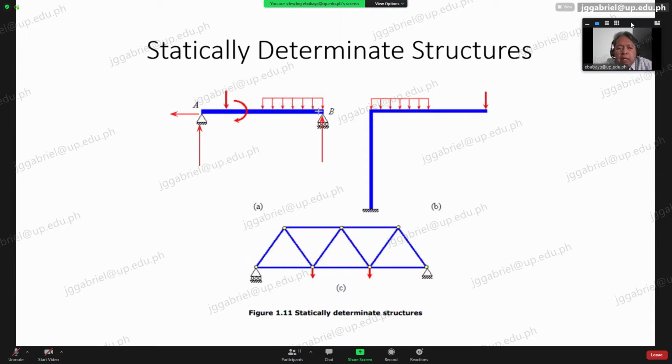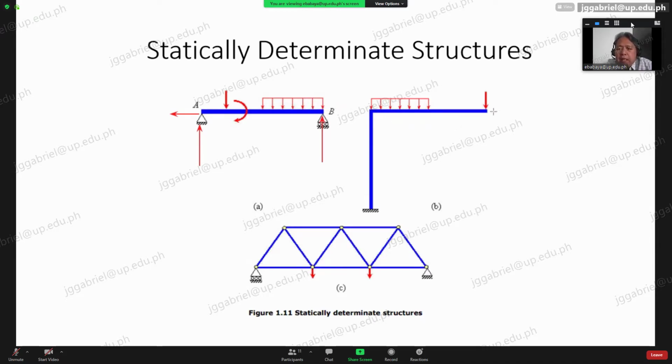So, the only possible happening here would be this to go down, supposedly because yun nga ang forces niya pababa. But since you have a support here, hindi na siya magta-translate in the vertical direction. And also, pin roller, so it doesn't resist any moment at this point.